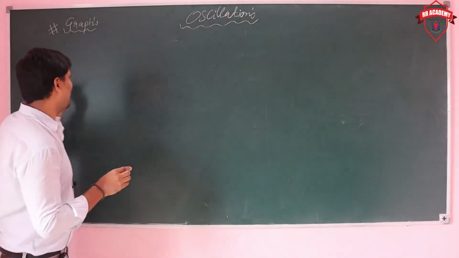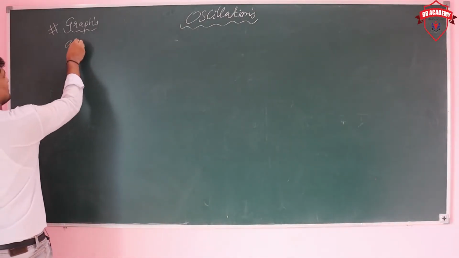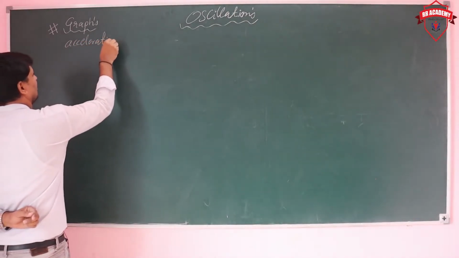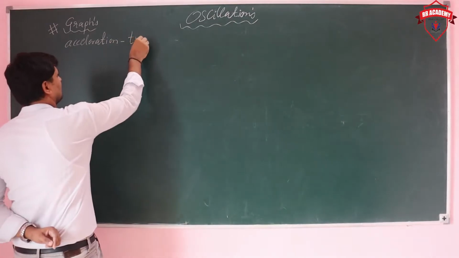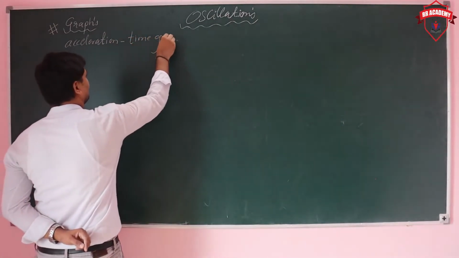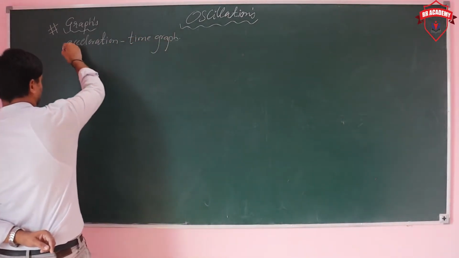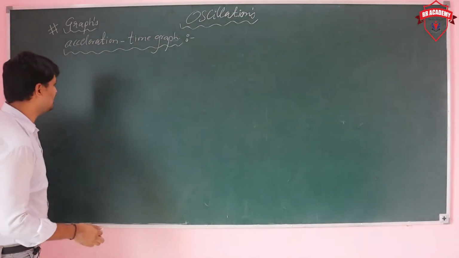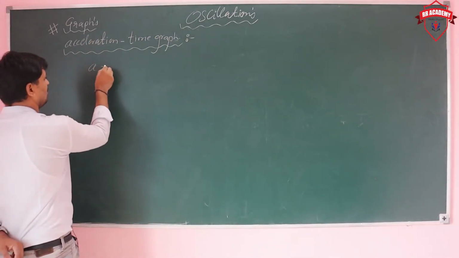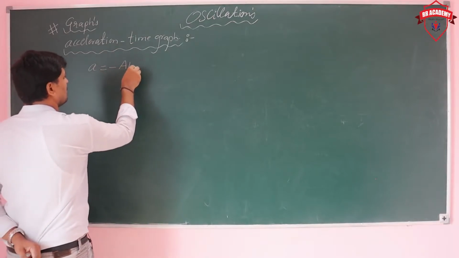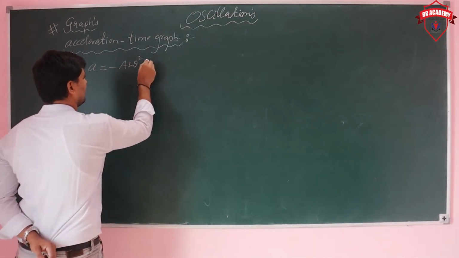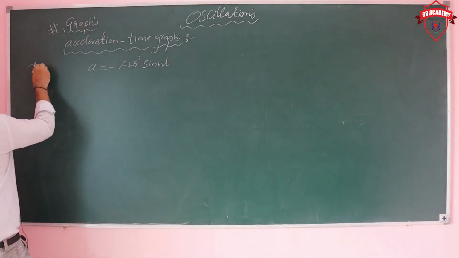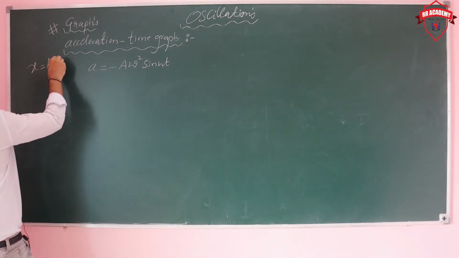Next we'll see the acceleration time graph. Generally we take the acceleration expression a is equal to minus omega square sin omega t, because the displacement we are considering is a sin omega t.